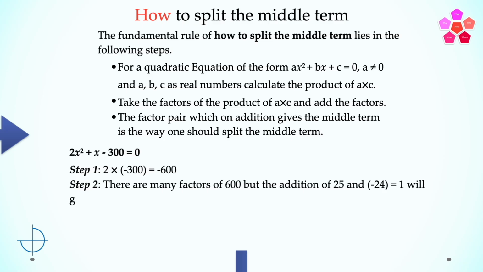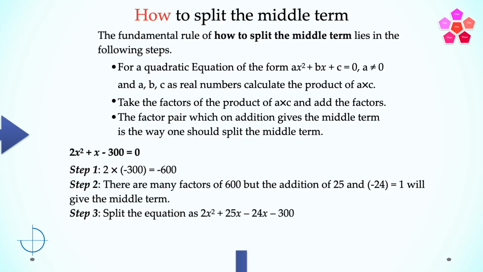This will give us the middle term, and this is how we need to split the middle term. So we have splitting the middle term. The equation is 2x squared plus 25x minus 24x minus 300 is equal to 0. Solving this, we get x is equal to 12 or x is equal to minus 12.5.